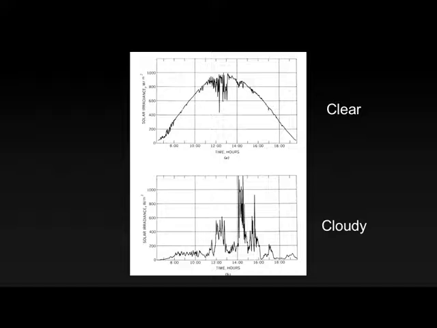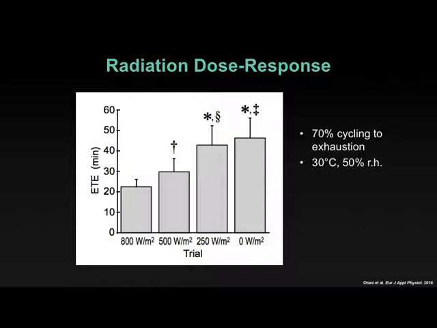Even if you could measure this accurately, what does it mean? Does this matter? High velocities for photons, lots of energy from solar radiation, but what does it actually do? Well, in a stepwise exploration of, specifically, rates of solar radiation, we're looking here at the exercise time to exhaustion at 70% of VO2 max.